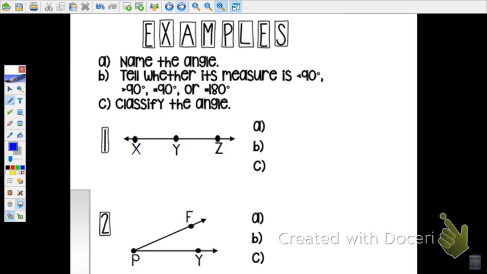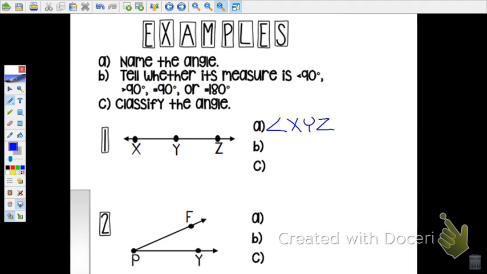So number one, what did you do to name angle 1? I'd like to share. Caleb? Angle XYZ.